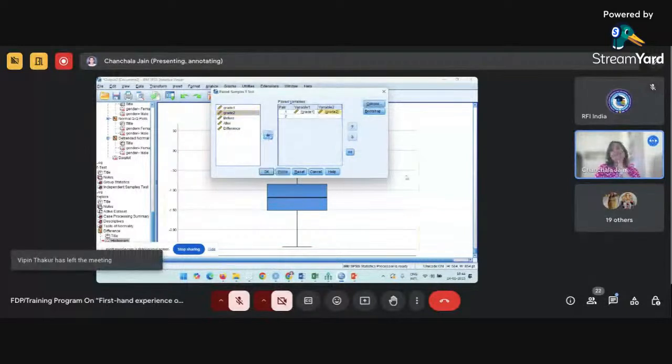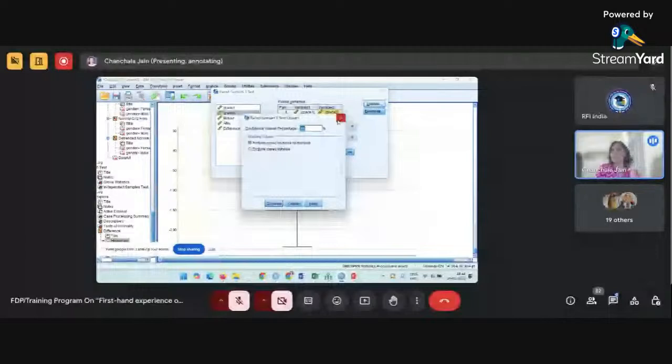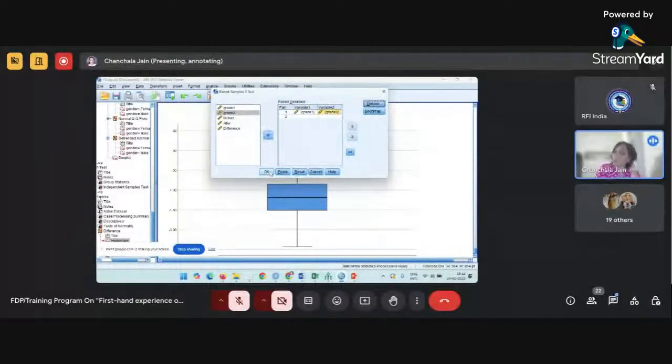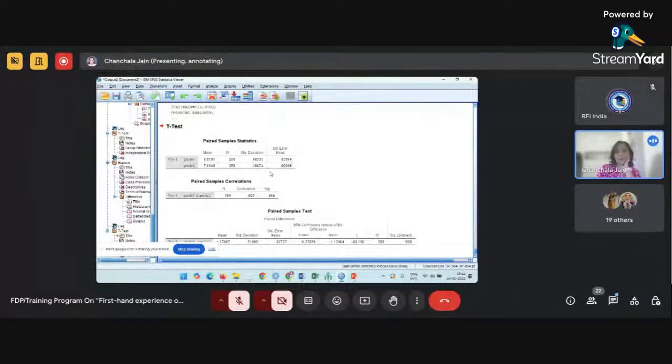Done? Apart from shifting, nothing you need to do. Everything is all set there. You need to only press OK to get the output. Yes, ma'am. Okay. So you will be getting the output like mine.